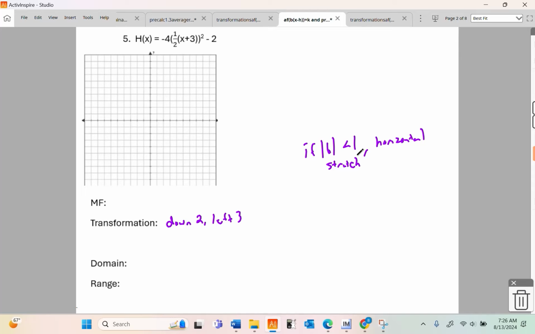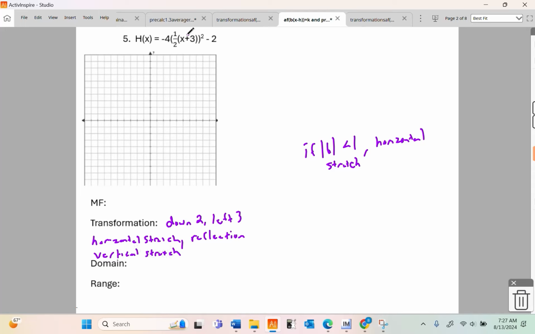So we have a horizontal compression, horizontal stretch, and we have a reflection, that negative. I didn't even talk about if the B term was negative. That's another thing we've got to work on. And oh yeah, we have a vertical stretch. Lots and lots of things going on.